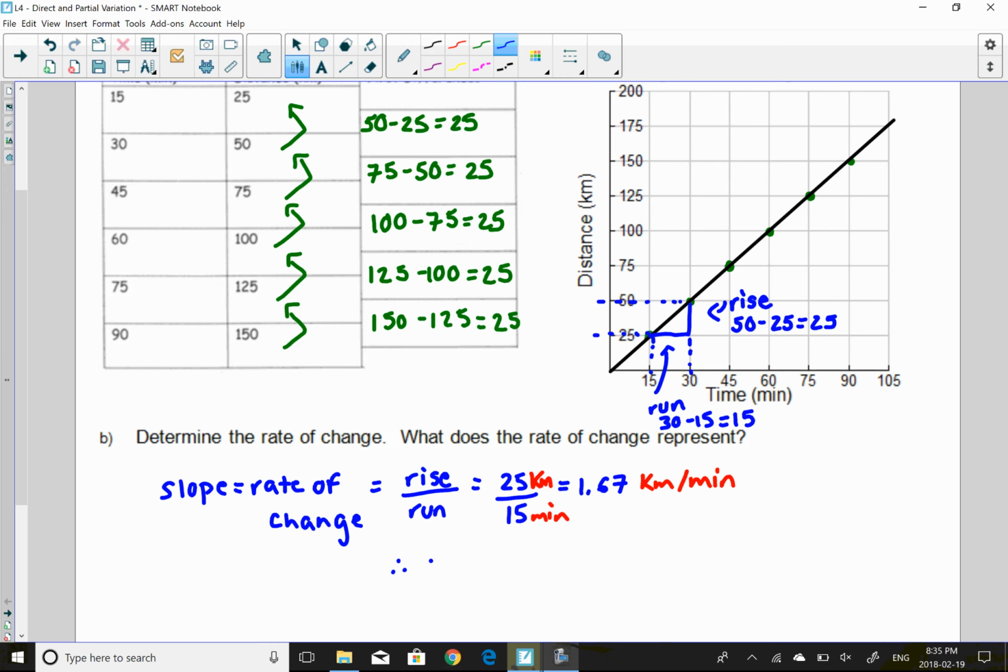Okay, so that's what it represents. She's driving 1.67 kilometers for every minute.